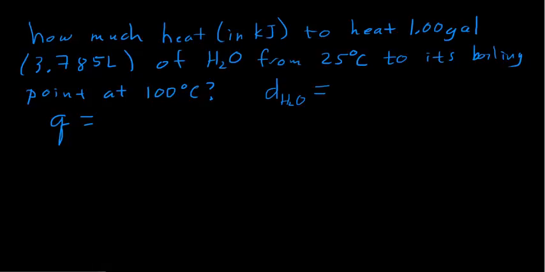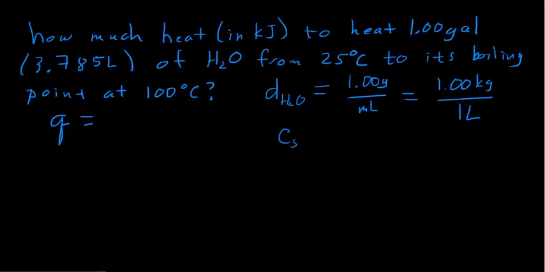The density of water is 1.00 grams per cubic centimeter, and a cubic centimeter is the same as a milliliter. And so that's the same as 1 kilogram per every 1 liter. So we can use this to figure out how many grams of water we have. And knowing how many grams, we're going to want to know the specific heat capacity.